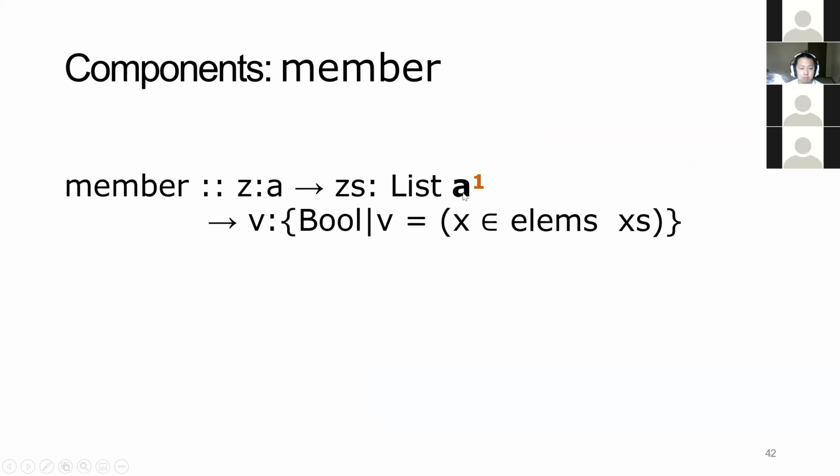It also consumes one potential. You can see it takes one potential, and the output contains 0 potential, which we omit here. This means that we consume one potential for each element in the list when we run the member function.